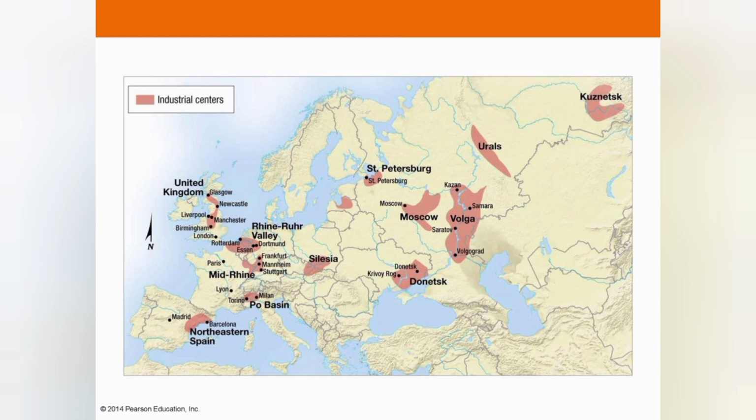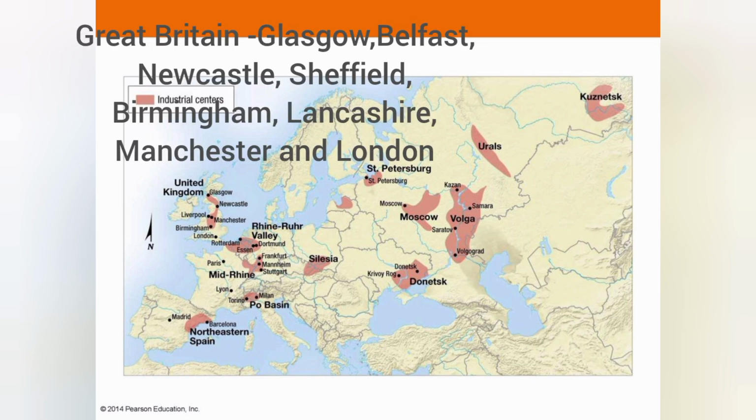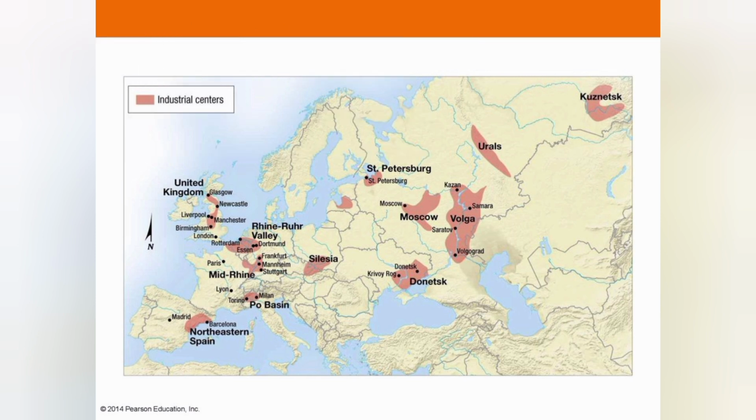In Europe, the industrial belt stretches from the British Isles to France, Belgium, Germany, Poland, Czechoslovakia into southern Russia. In Great Britain, the main centers are Glasgow, Belfast, Newcastle, Sheffield, Birmingham, Lancashire, Manchester, as well as London.